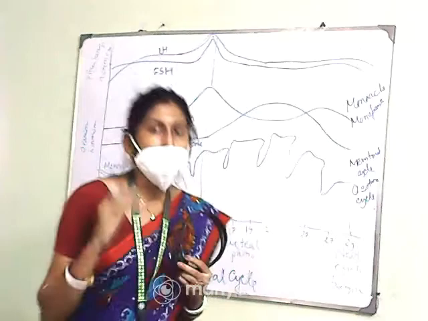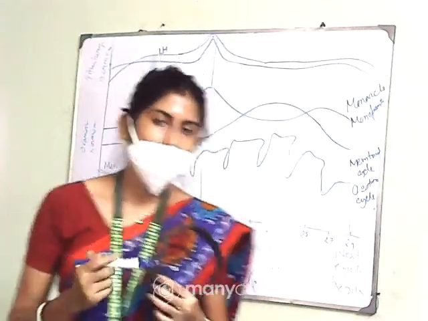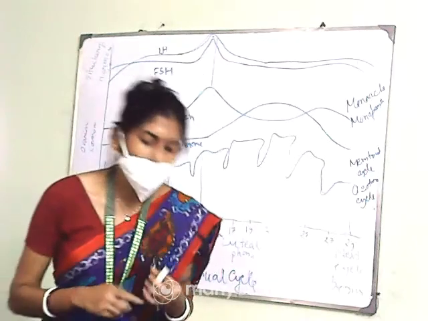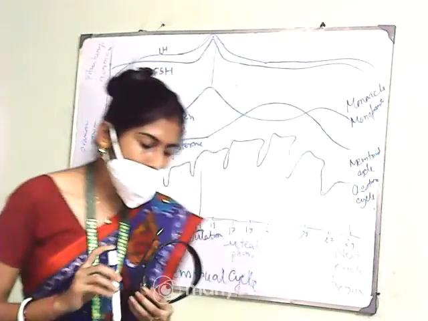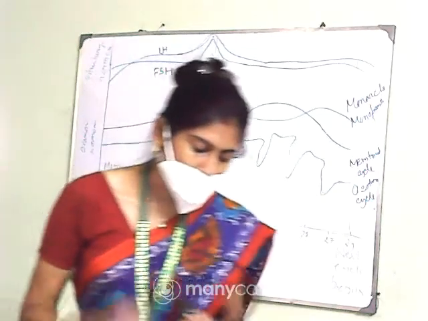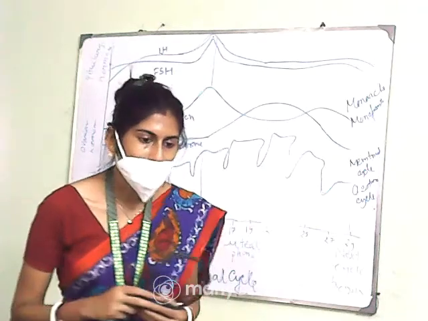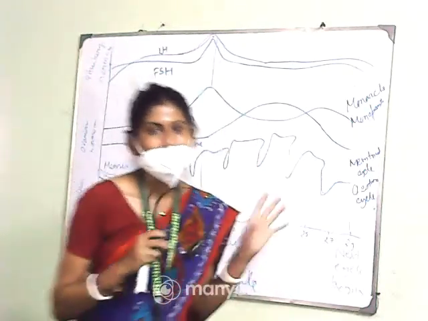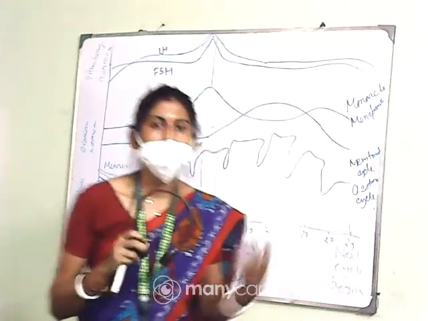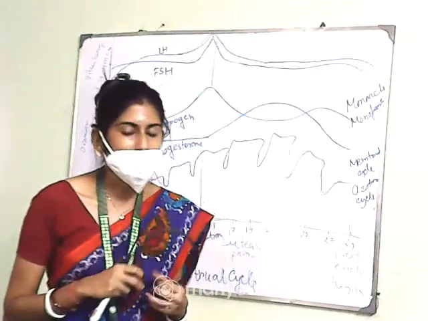If the egg is fertilized, then menstruation will stop, so the menstrual cycle will not take place. So lack of menstruation may be indicative of pregnancy. If lack of menstruation is there, then we can say it is indicative of pregnancy, that means the egg got fertilized.